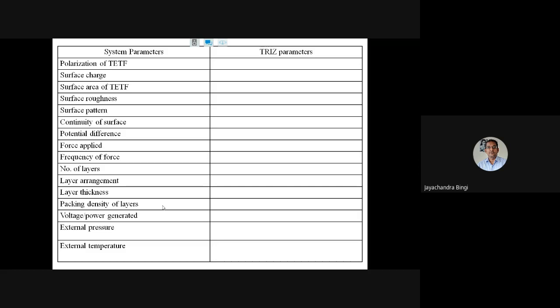Layer arrangement means the material is being arranged in a particular fashion. I'm not saying random, regular, or anything. Any idea? Any guess?